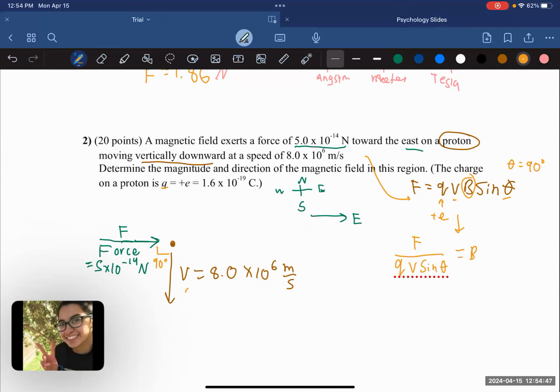Pretty sure this sine theta is going to become 1, but we're going to plug it in and just make sure. Sine 90. Yeah, according to my calculator.